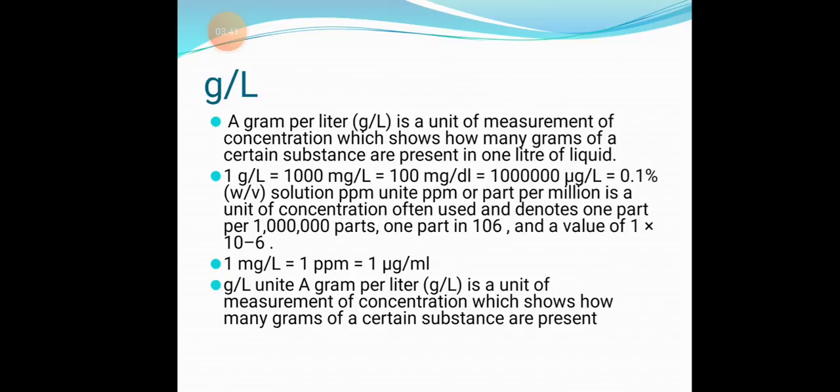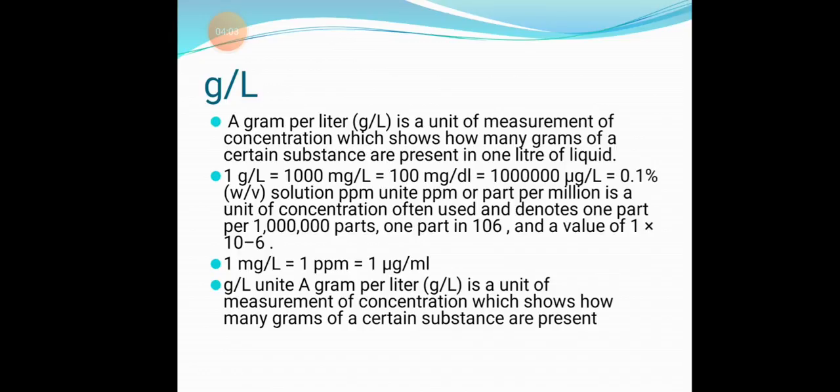Parts per million: the unit ppm is a unit of concentration often used and denotes 1 part per 1 lakh parts. 1 part is 100 and a value of 1 into 10 power of minus 6. 1 mg per L is equal to 1 ppm, equal to 1 microgram per ml.